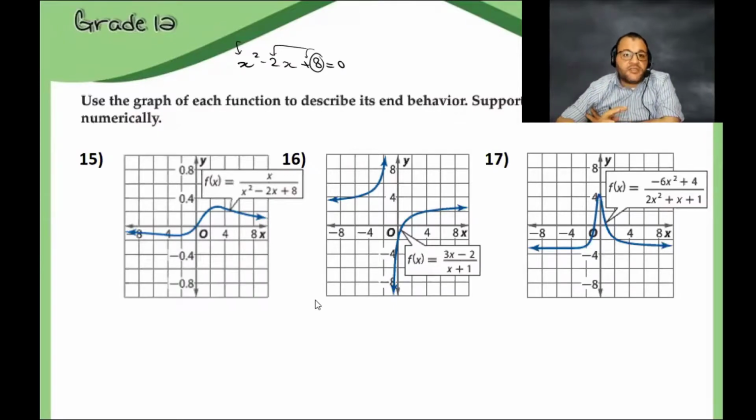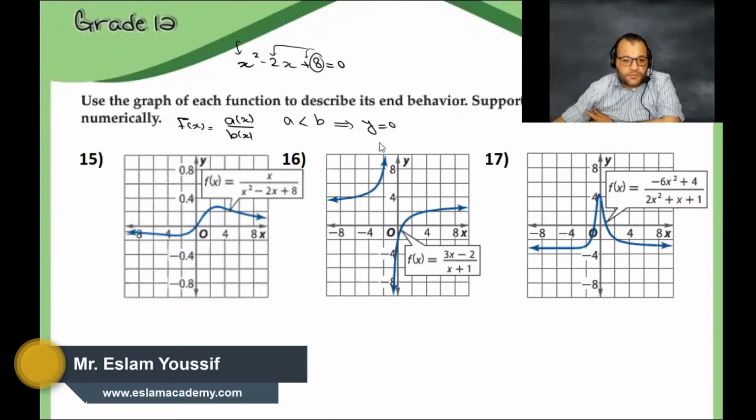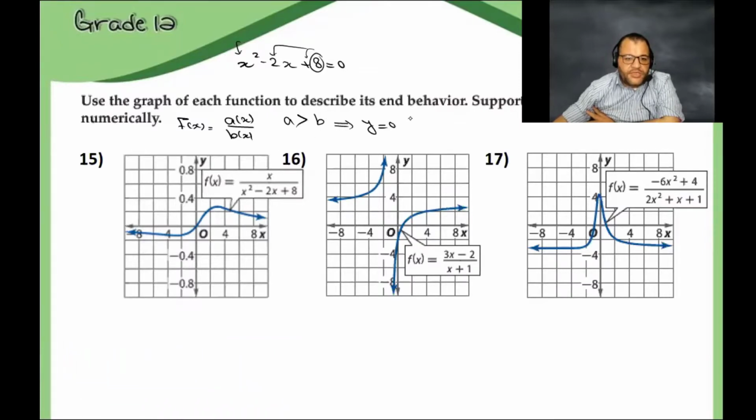And the horizontal line of asymptote. When f of x equals a of x over b of x, if the degree of the numerator is smaller than the degree of the denominator, we have one line of asymptote, which is y equals 0. If a is greater than b, there is no horizontal line.